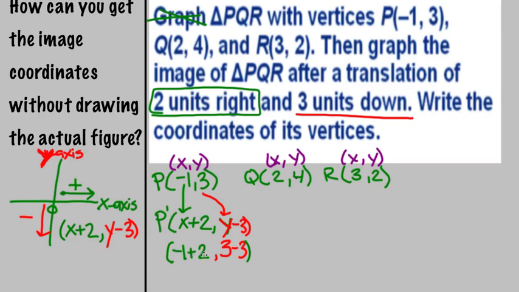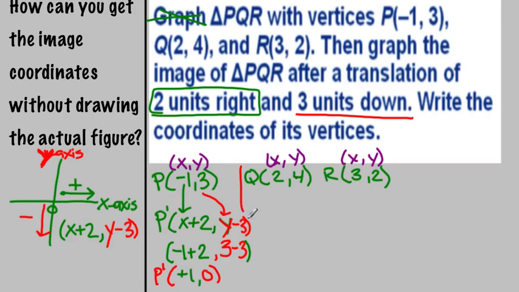Negative 1 plus 2, well, 2 positives, 1 negative. The positive team is going to win by 1. And 3 minus 3, well, that's pretty easy. That's 0. So I know that the new image for P prime is 1, 0. And that's after this translation.